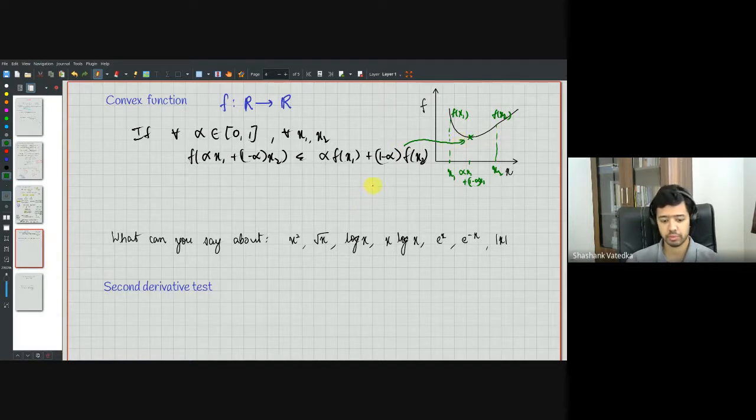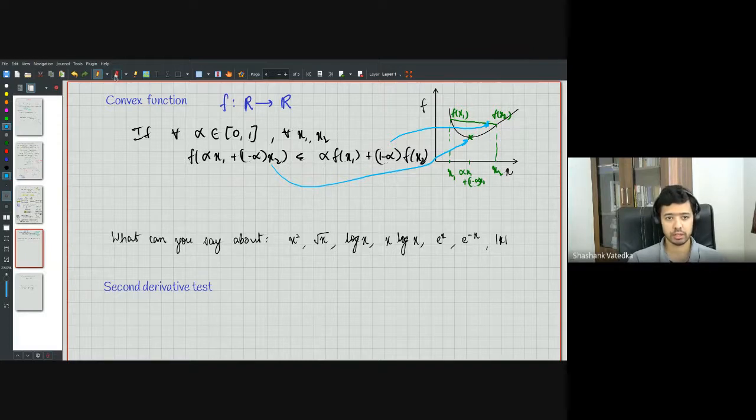All right. But then alpha f of x1 plus 1 minus alpha f of x2 lies on the line joining these 2 points, and therefore would lie somewhere over here. Right, and just by looking at this picture, it is clear that f of alpha x1 plus 1 minus alpha x2 should be less than or equal to alpha f of x1 plus 1 minus alpha f of x2.